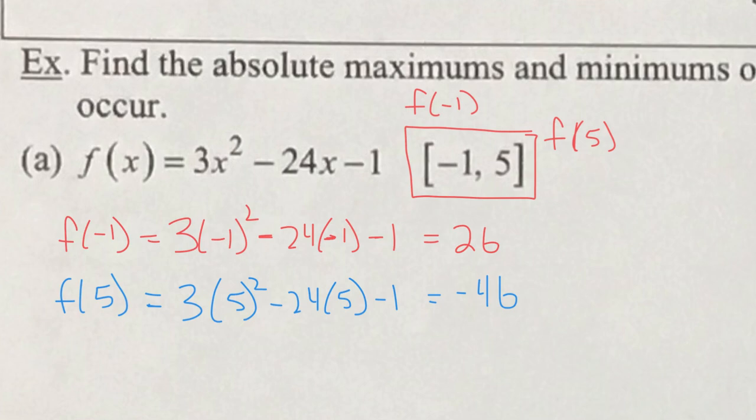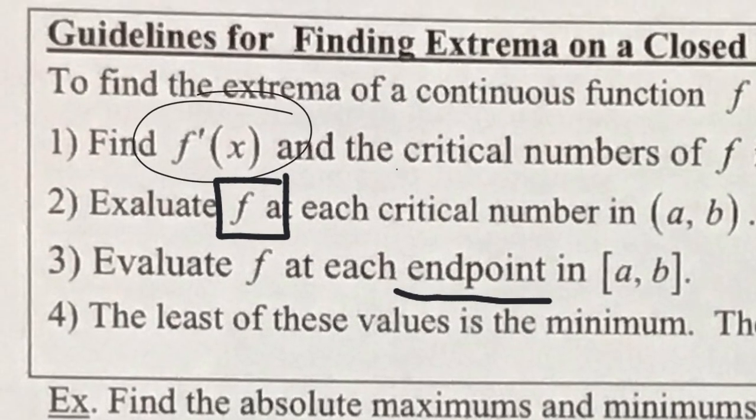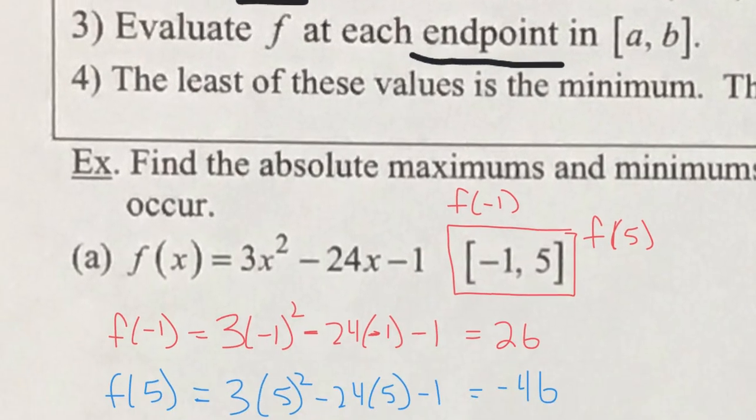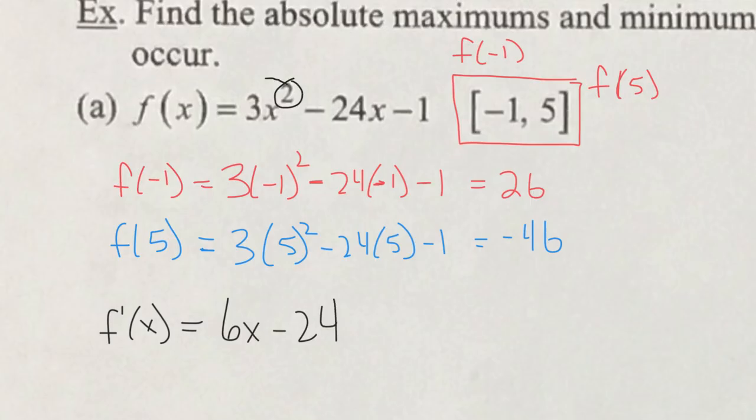So now let's find the derivative and its critical numbers. f prime of x is 6x minus 24. It's the power rule, 2 times 3, and then minus 24. And we want to know when that will equal 0.